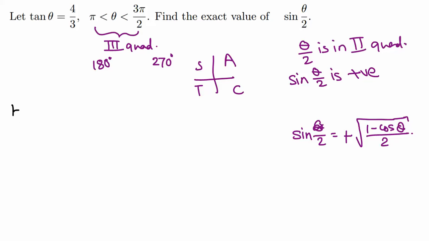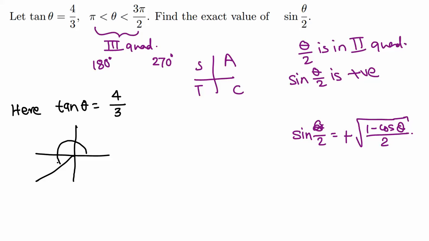So we start here. Tangent theta is opposite over adjacent, and theta is in the third quadrant, so let's draw it in the right place. Our angle theta is here, and we always draw a right triangle on the x-axis, and this is the reference angle.